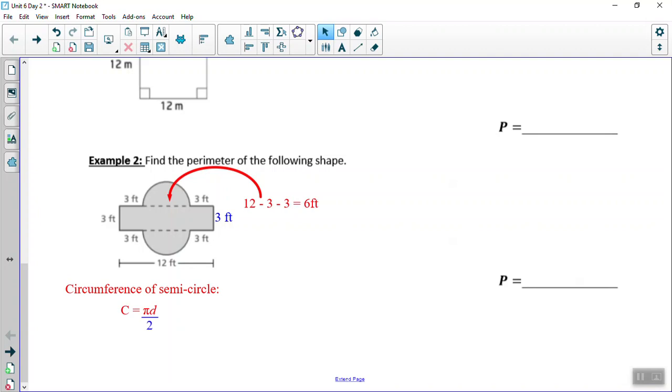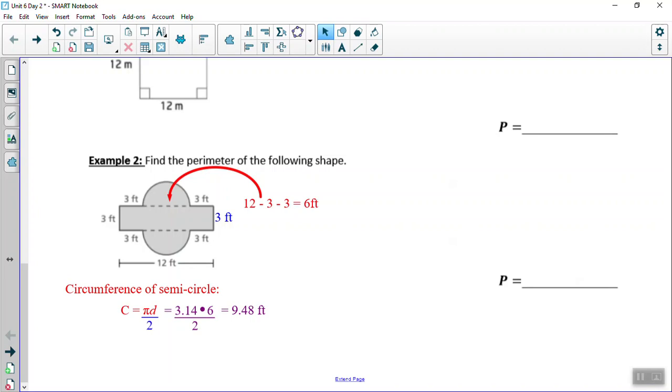So let's substitute in our values. We're going to use 3.14 for pi times 6, which was the diameter we found, and then divide that by 2. We do that math, and we come up with 9.48 feet. So this has a length of 9.48 feet, and so does this one down here.